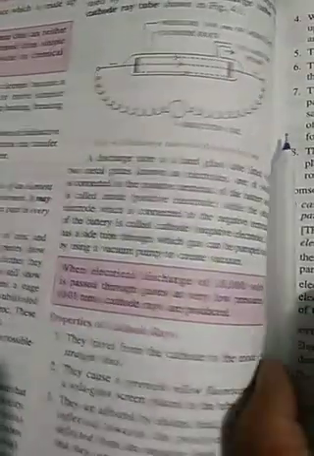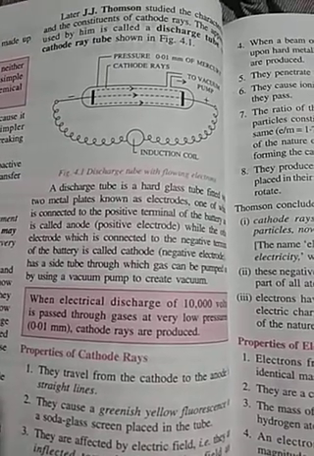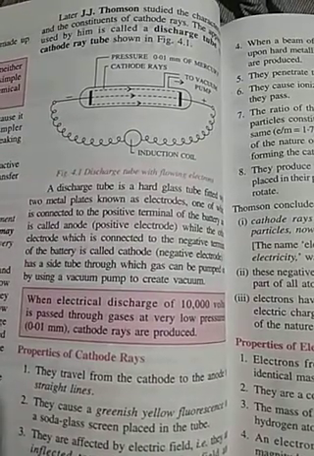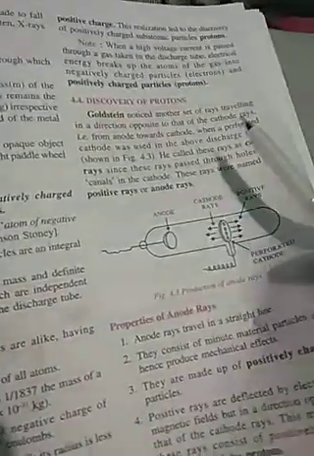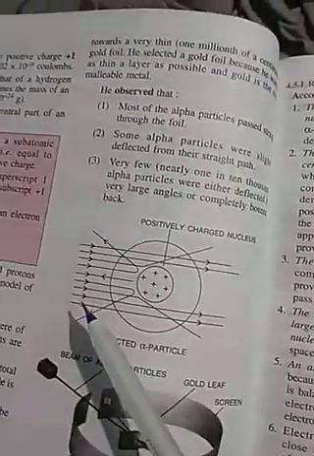So far, in this chapter 4, we have studied Dalton's theory, Thomson's experiment regarding the discovery of electron and properties of cathode rays, then Goldstein's experiment regarding the discovery of protons, then Rutherford atomic model.